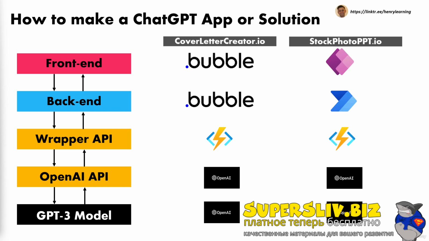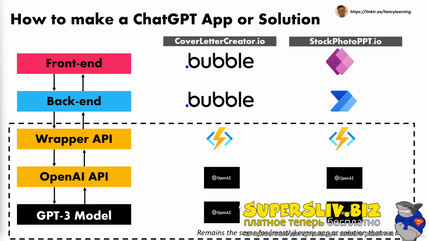One thing before we move on is, as you'll see, for all of these solutions, the wrapper API, the OpenAI API, and the GPT-3 model is exactly the same. So that's by design. This type of system will remain the same for every app or solution that we build.